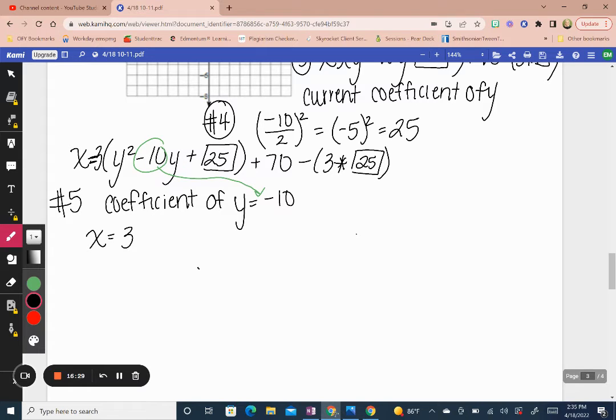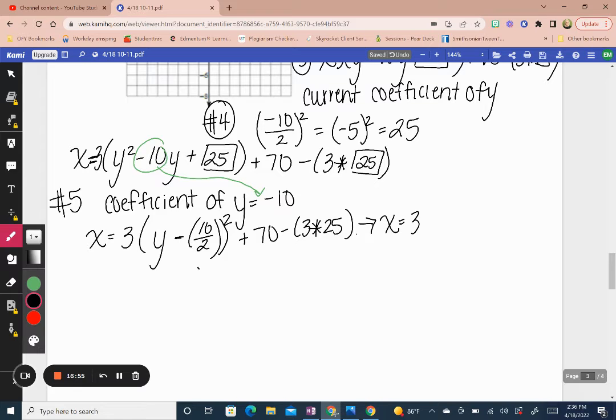x equals 3, y. This is a negative coefficient, so it's going to be a negative number. 10 divided by 2 squared. And then we'll keep our constants to the side for now. Okay. 10 divided by 2 is 5, so x is equal to 3, y minus 5 squared plus 70 minus 3 times 25.